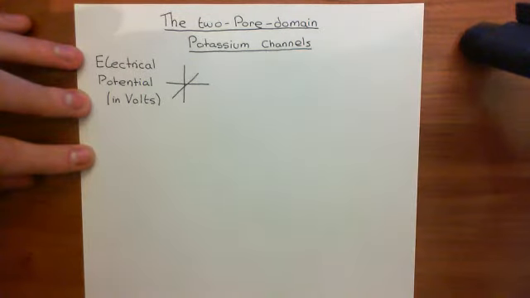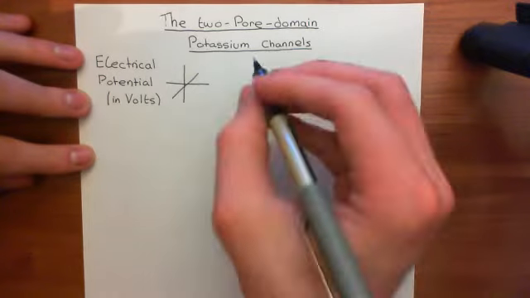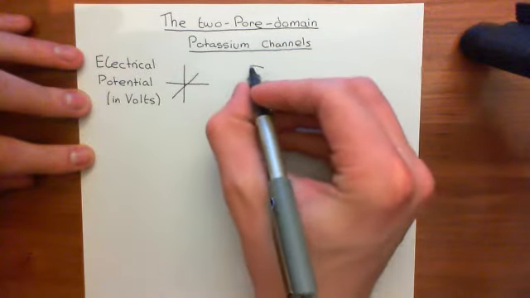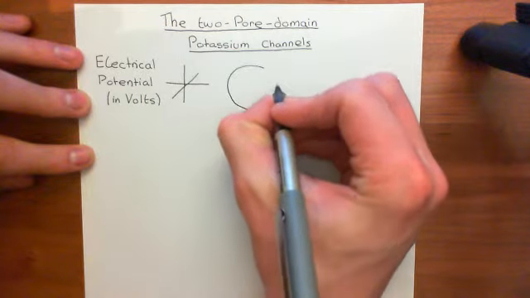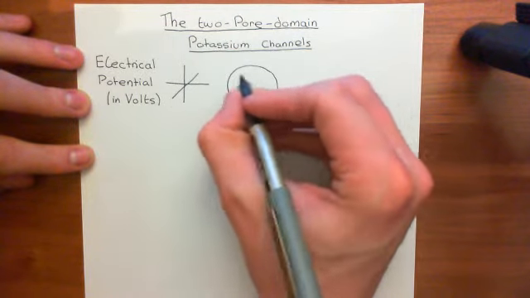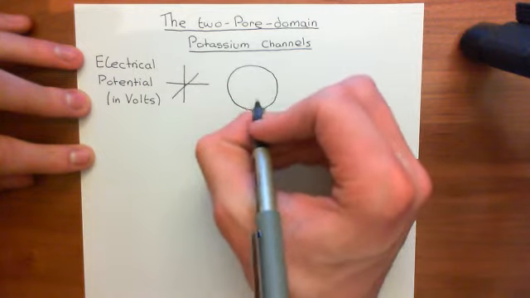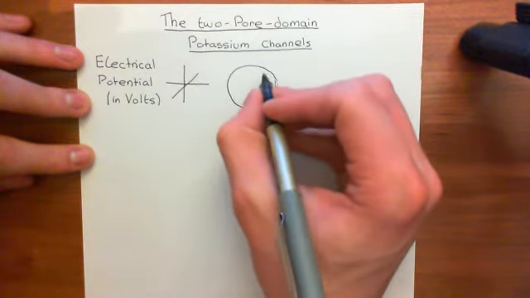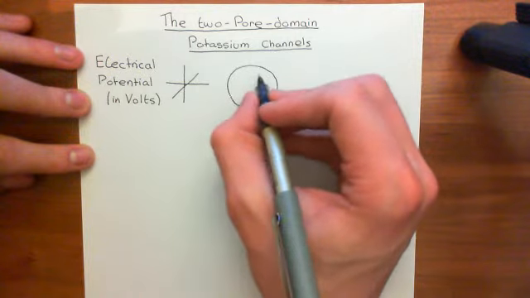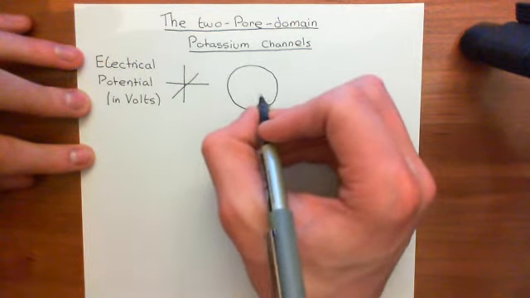Every point has got a certain number ascribed to it, and that's the volts of the electrical potential. Now let's go to the cell. Let's have a cell here. All the points inside the cell, at least to a decent approximation, are going to be in electrical equilibrium with one another, so they're all going to have the same electrical potential.